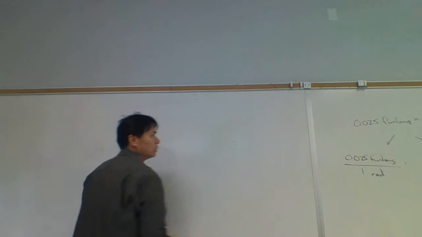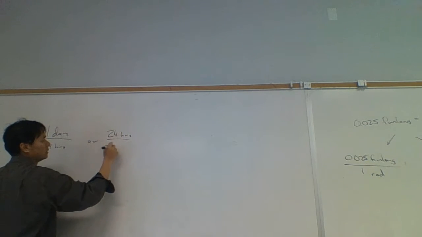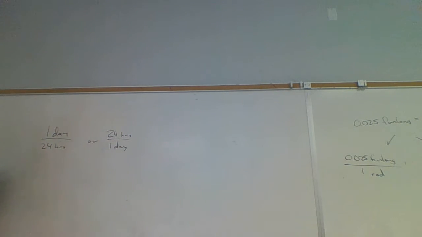Okay, 1 day is 24 hours. And here, there are two ways of writing that. One way is to put days on the top and hours on the bottom. The other is to put hours on the top and days on the bottom. These say the same thing, and they do different things depending on what we want to cancel out.